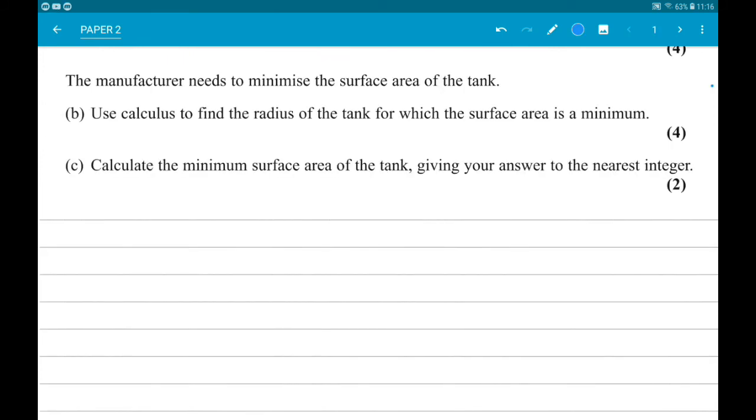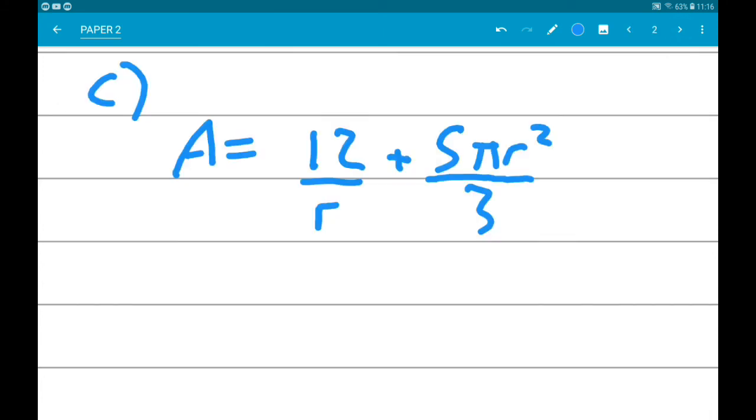C. Calculate the minimum surface area, giving your answer to the nearest integer. Alright, so all that is plonking r as 1.05 into A. So, do that. Oops.